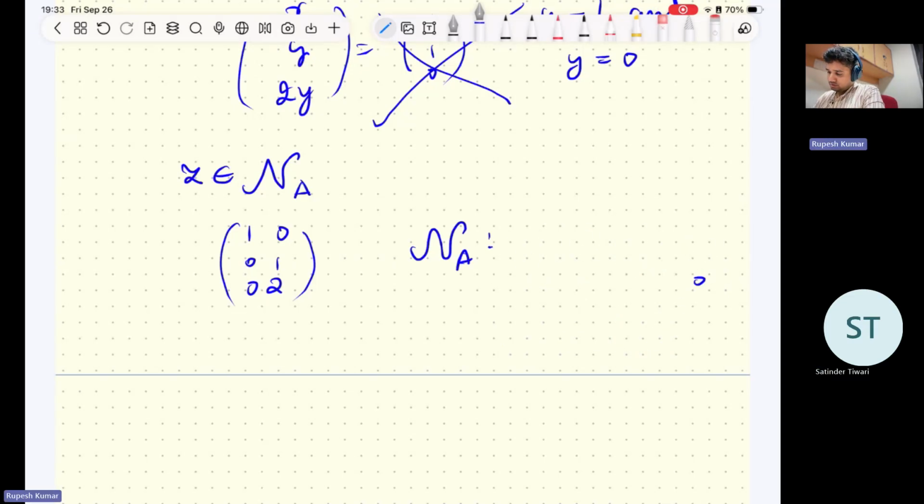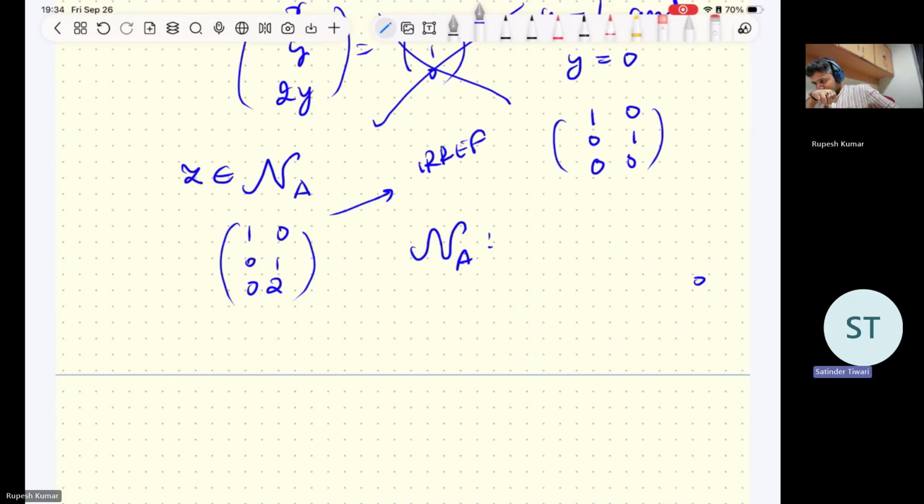You reduce the matrix, using RREF, to write it as 1 0 0, 0 1 0, 0 0 0, right?